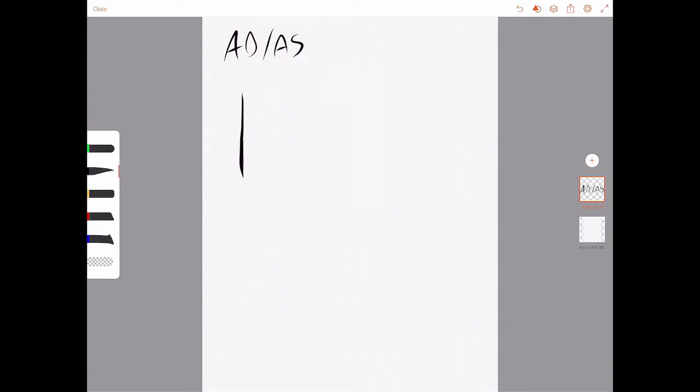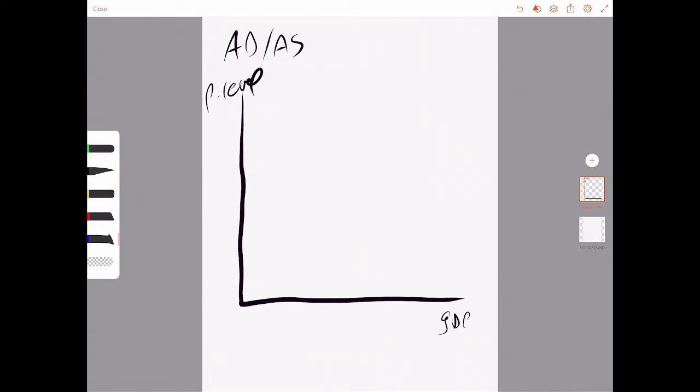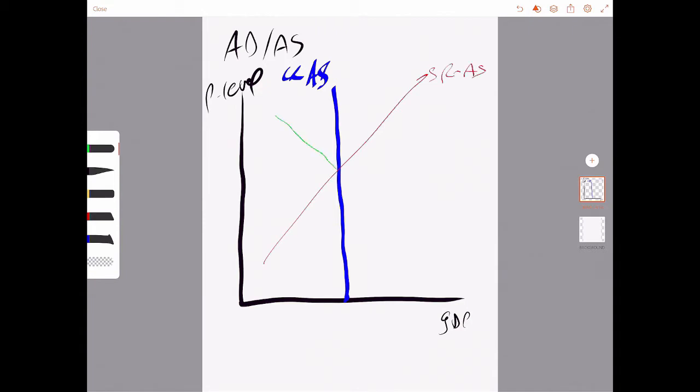When we look at growth, what we're talking about in the context of this graph is a very specific shift. So here's our long run aggregate supply curve. Here's the short run aggregate supply curve. And then here is aggregate demand.